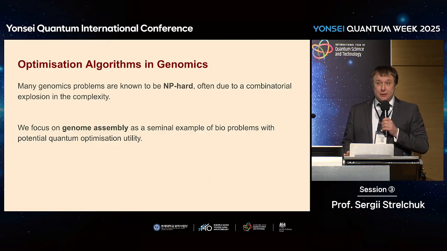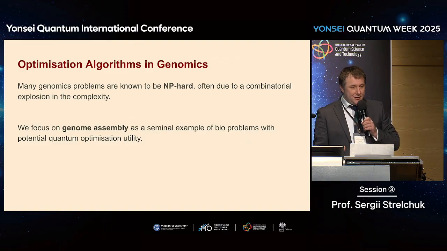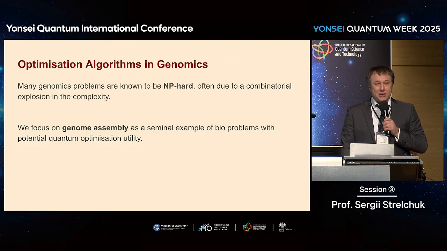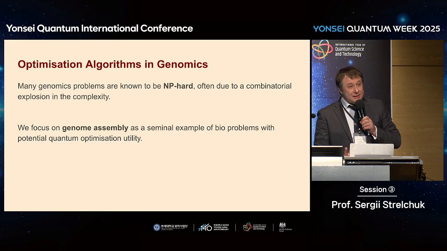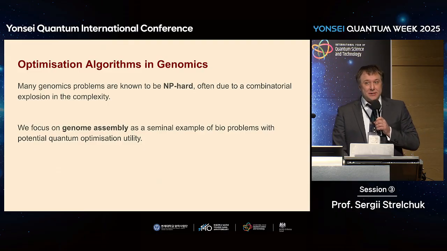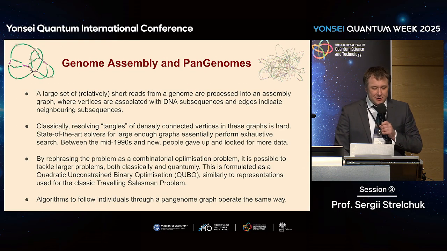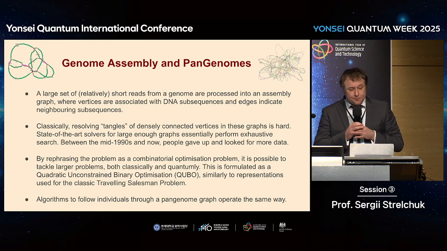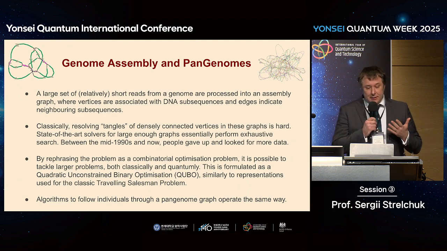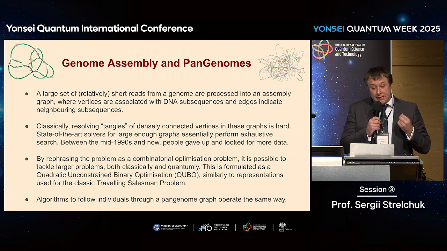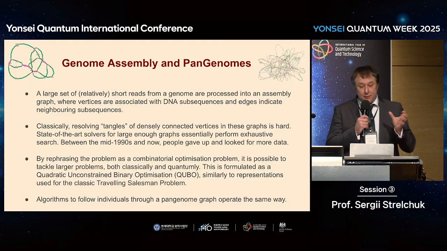So what we decided to do, we tried to look at genome assembly, because it's a very seminal example of biological problems. And it is a sort of space where we see some potential for quantum algorithms. So if you think about genome assembly, you think of having a large set of relatively short reads from a genome.